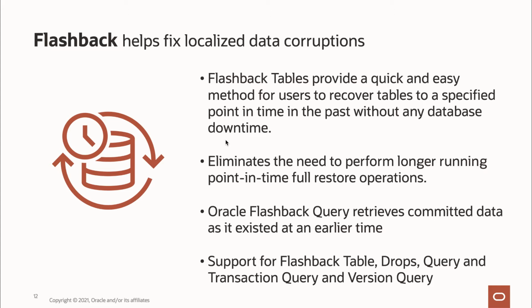So we've talked about the availability that is built into ADB by its powerful software and hardware infrastructure. But now let's talk about your data, specifically problem scenarios such as data corruptions or even unintentional or incorrectly committed changes.